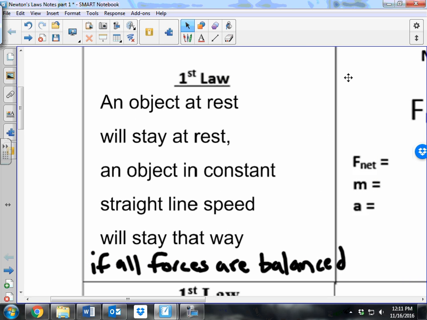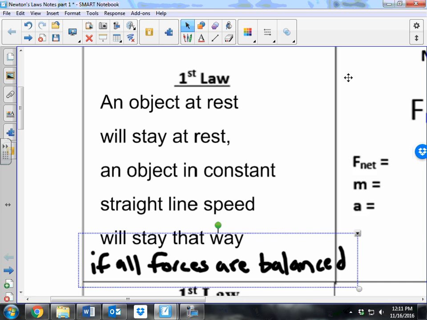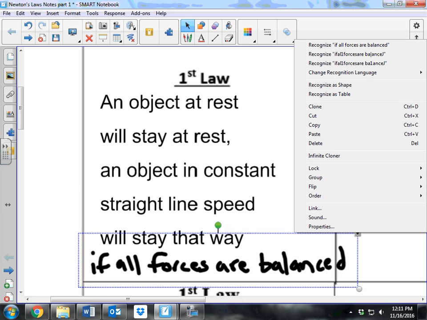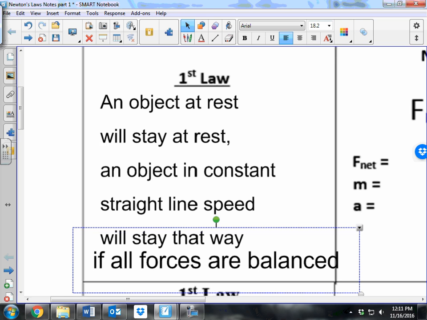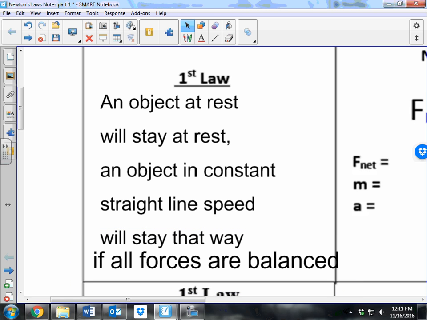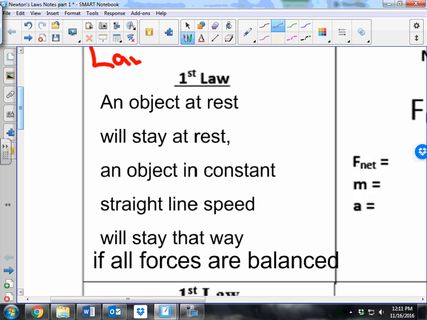An object in constant straight line speed will stay that way if all forces are balanced. So that is Newton's first law. This is also called the law of inertia.